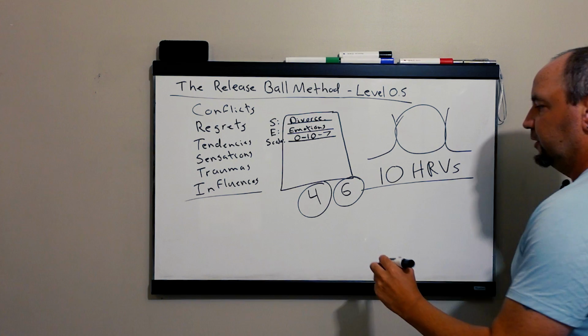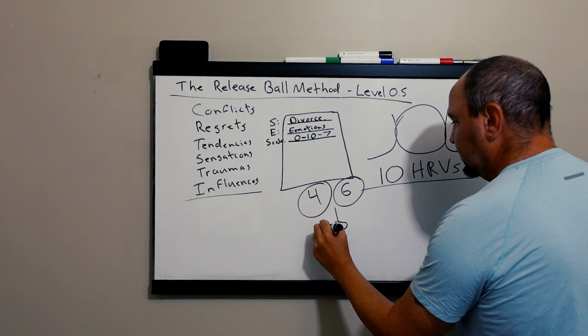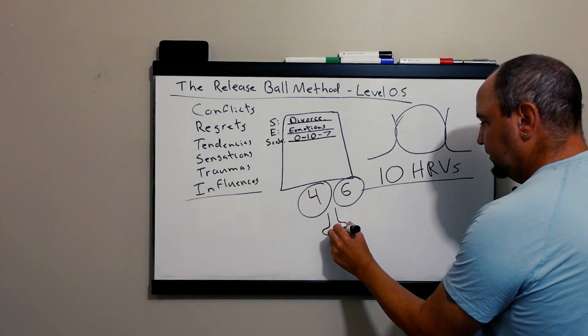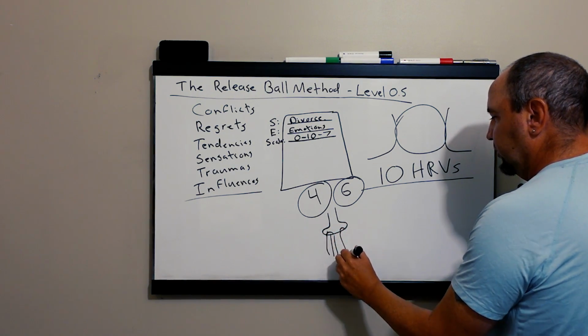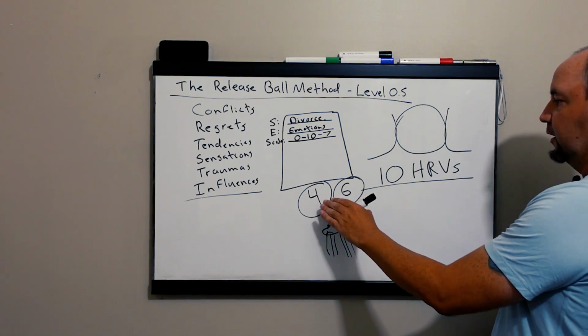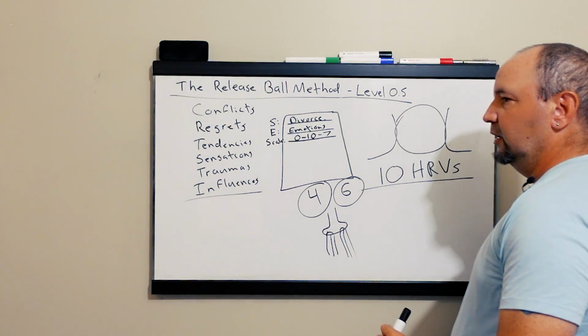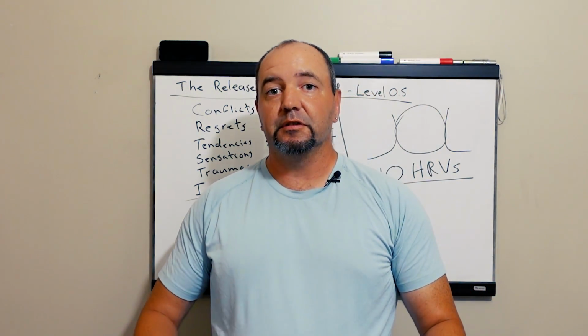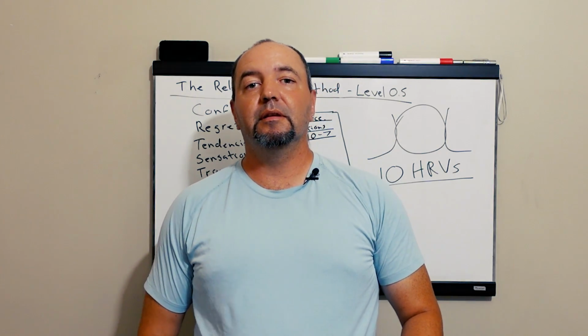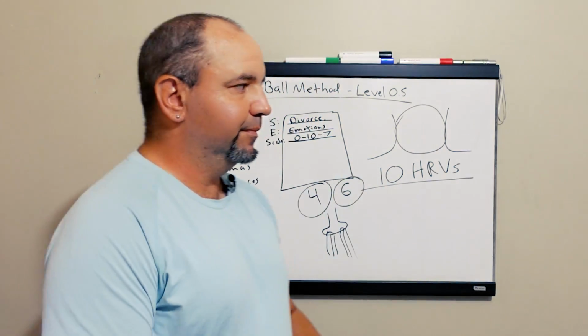Very common, very simple, and it's all through the nose. You're breathing in through the nose, you're breathing out through the nose. 4 seconds in, 6 seconds out, no pause before, in between, or afterwards. It's just a continuous flow, 4 seconds in, 6 seconds out through the nose.